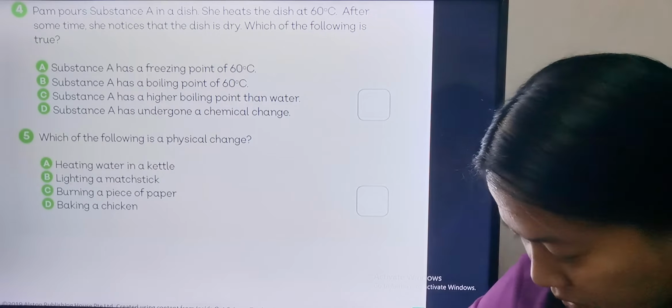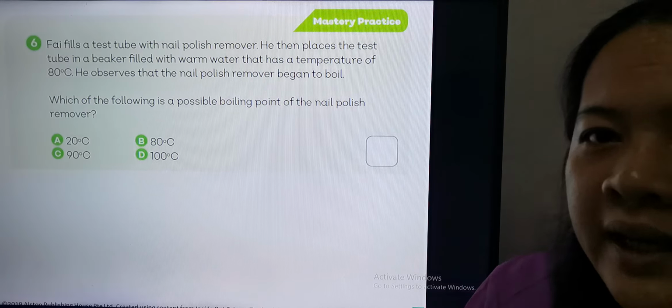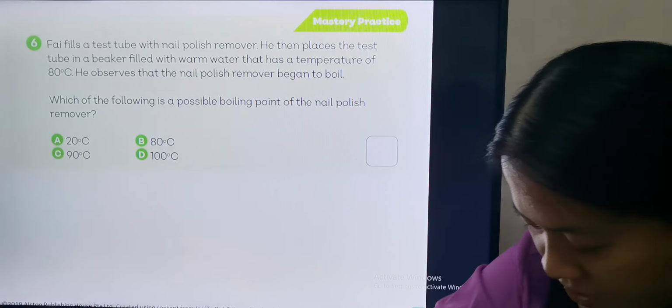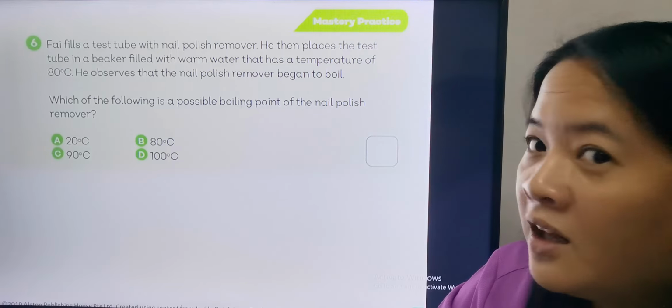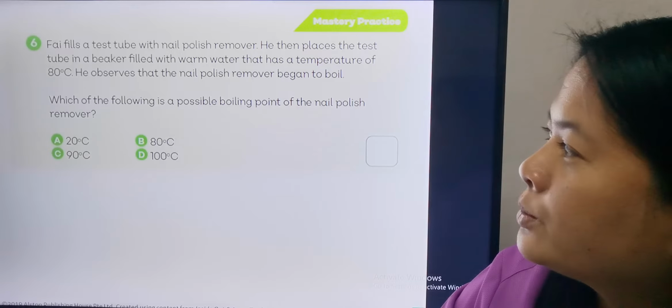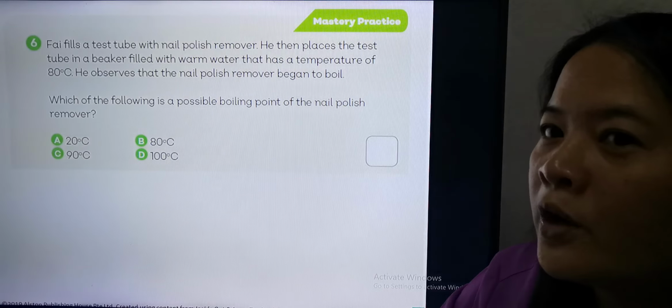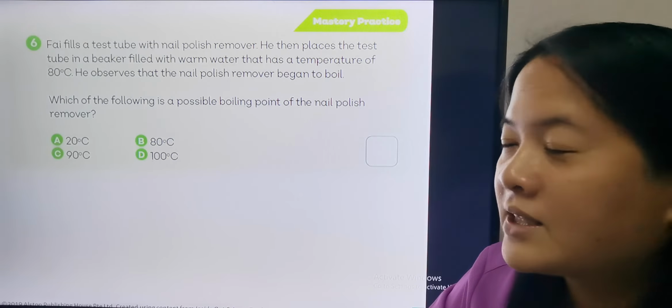And then let's go to page 53. Okay, page 53, number 6. A student fills a test tube with nail polish remover. He then places the test tube in a beaker filled with warm water that has a temperature of 80 degrees Celsius.